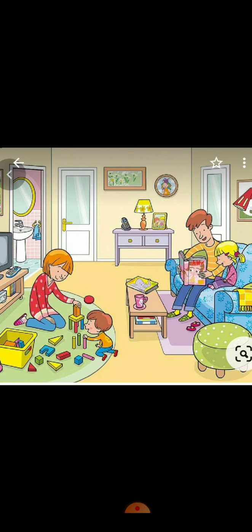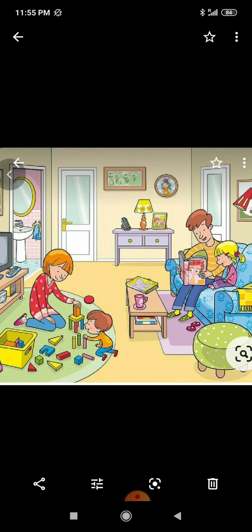Now, in every picture, there will be some main characters in the front, right? And there will be some things happening behind. Our first job when we get a picture talk is to talk about the main things that are happening. First, talk about the main things in the front. Then, later, you will talk about the happenings in the background.